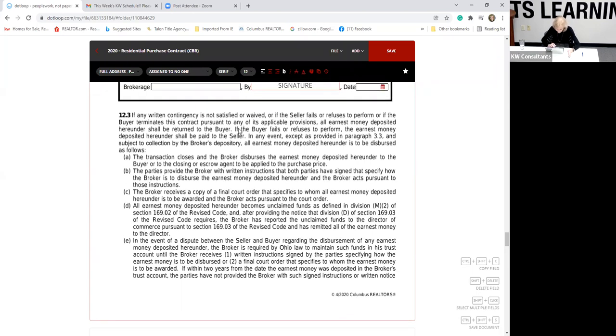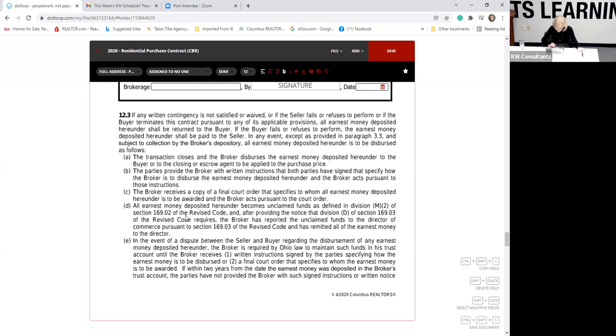A, if the transaction closes, they get their earnest money back. B, the parties provide the broker with written instructions that both parties have signed. That's going to be a mutual release. The buyer gets it back. C, the buyer receives a copy of the final court order, because sometimes they have to go to court to get their money back.